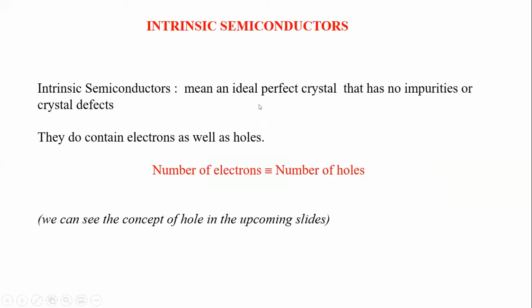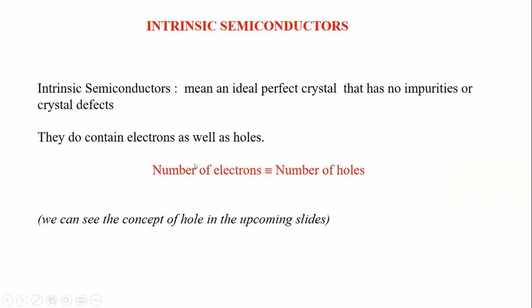Then how do you define an intrinsic semiconductor? To be frank, in an ideal case, you have to consider a perfect crystal with no impurities or crystal defects. They do contain electrons as well as holes. I'll explain what is meant by holes.